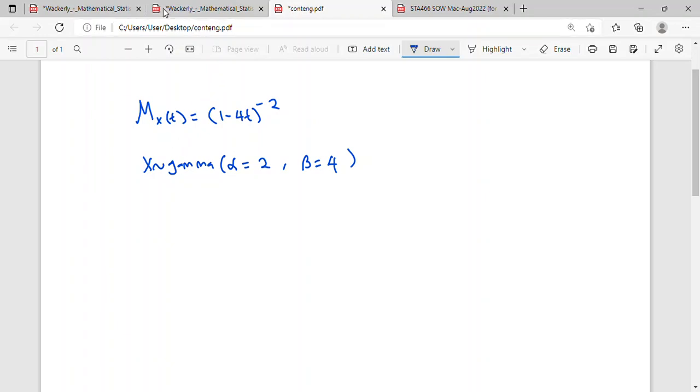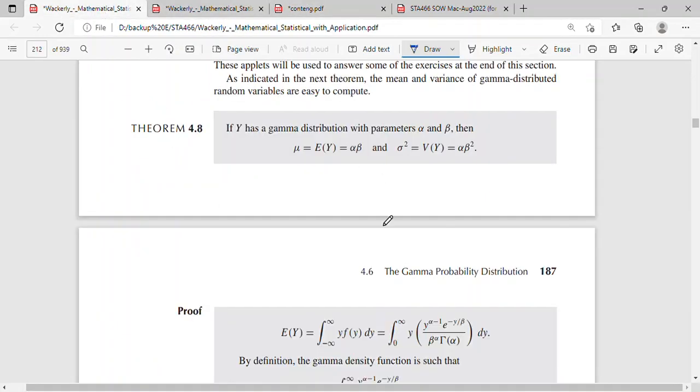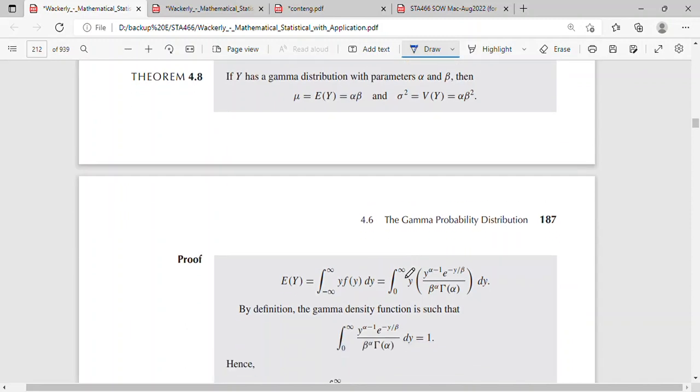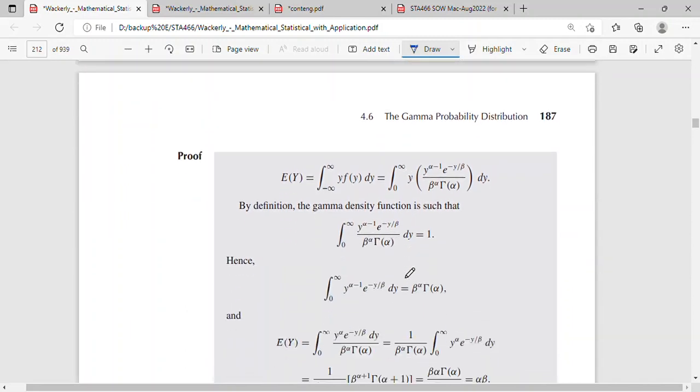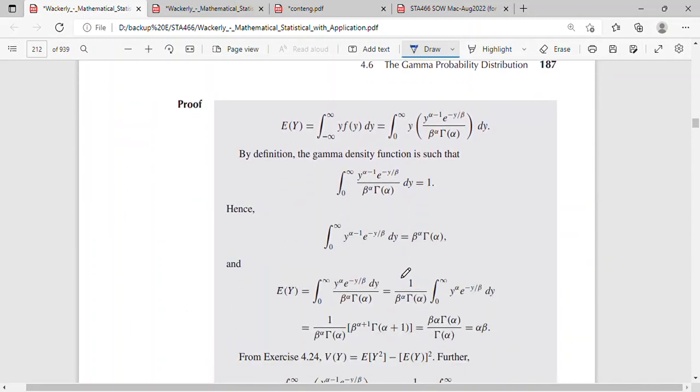Okay, itu contoh lah. Alright, so kita tengok macam mana nak derive the mean and the variance for random variable that comes from gamma distribution. Okay, so the first one, kita nak derive how to prove that the formula for mean of gamma distribution adalah alpha beta.